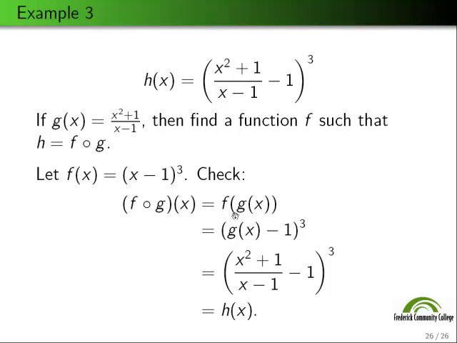So we have g of x inside of f. So we take g of x minus 1 and cube it. But we are given that g of x is x squared plus 1 over x minus 1. So replacing g of x with its definition, we have x squared plus 1 over x minus 1, minus 1, cubed, which, looking back up here, is indeed h of x.